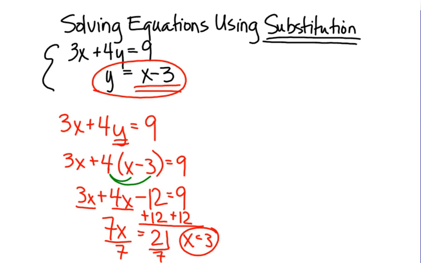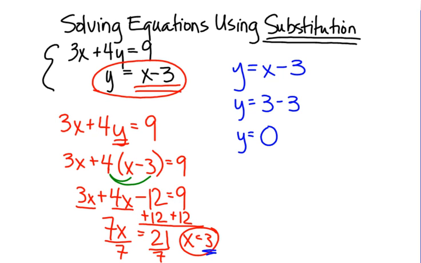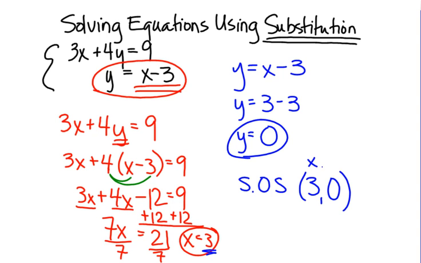If I look at the second equation, y equals x minus 3, I know that if I put 3 in there instead of x, all I need to do is subtract. 3 minus 3 is 0. So the solution of the system, SOS, is x comma y, 3 comma 0.